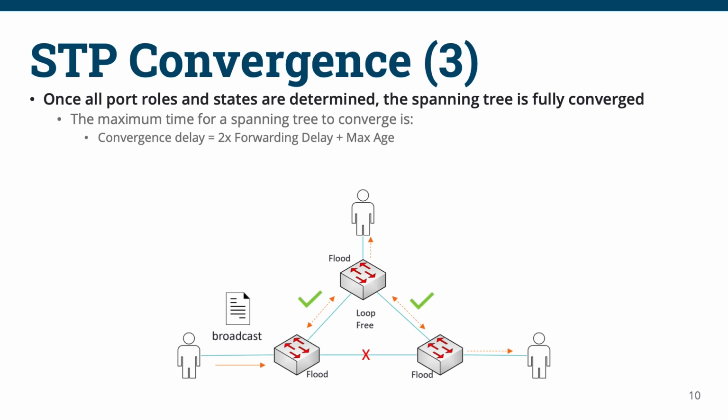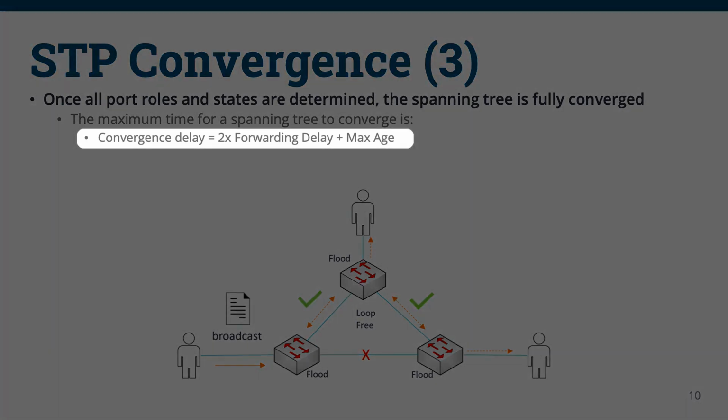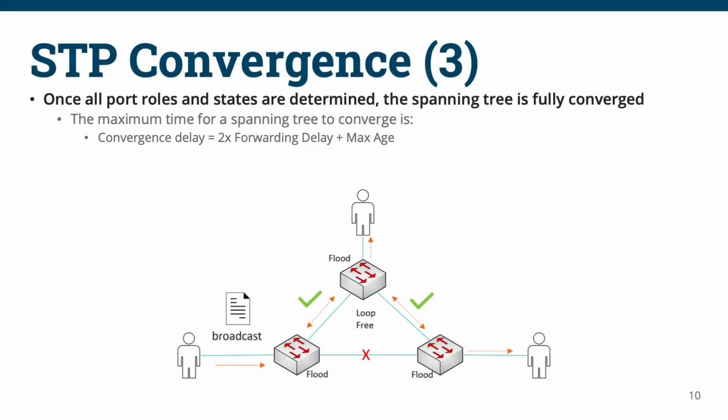The maximum amount of time that may pass for an STP topology to converge is shown in this calculation here: 2 times the forwarding delay plus the max age timer. Recall that these times are both included in the BPDU originated by the root. The time set by the root bridge's BPDU is the one which should be used in this calculation.